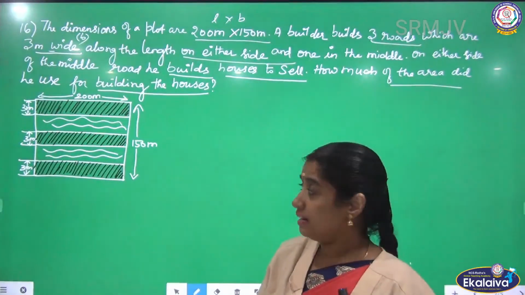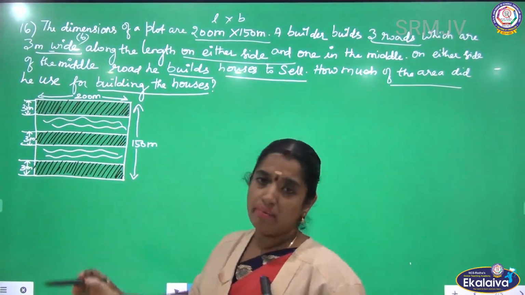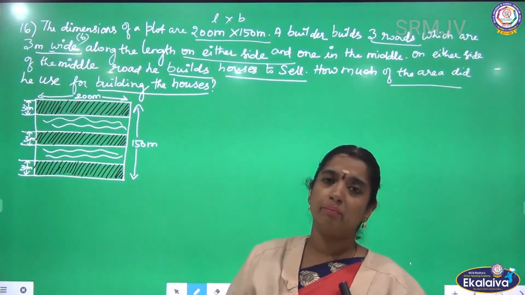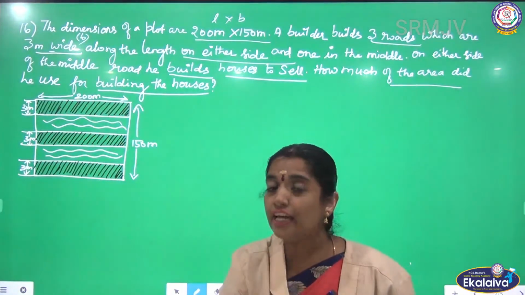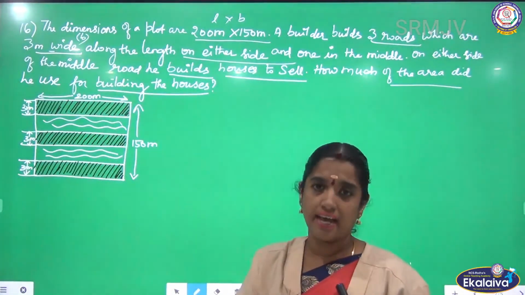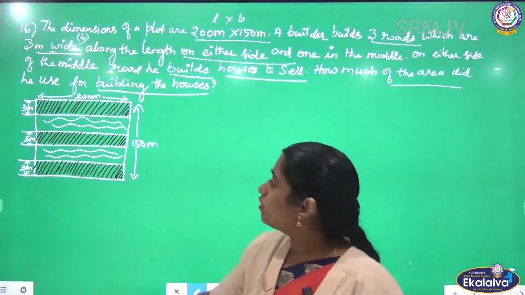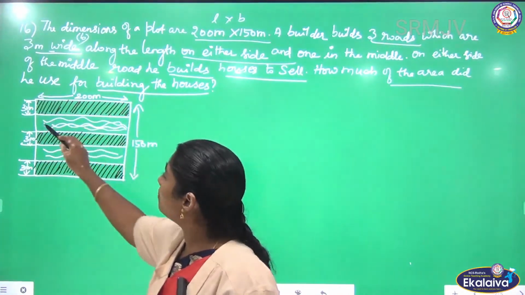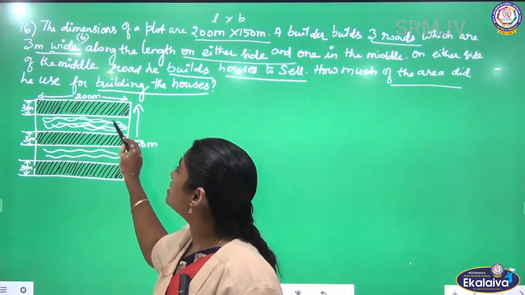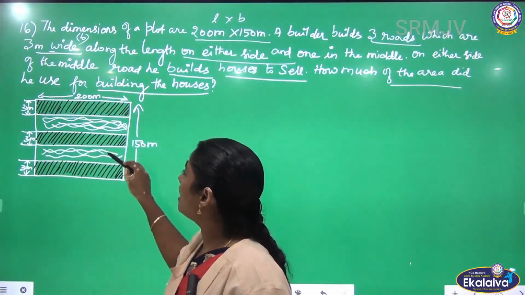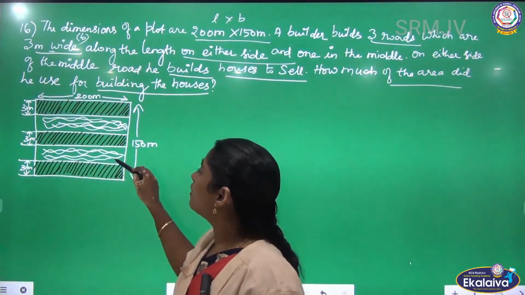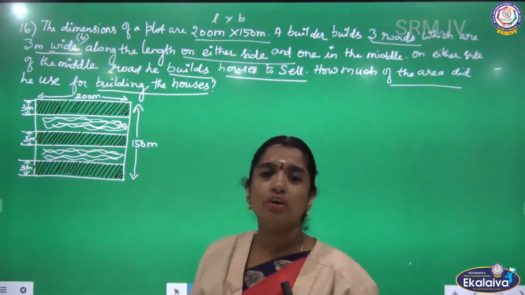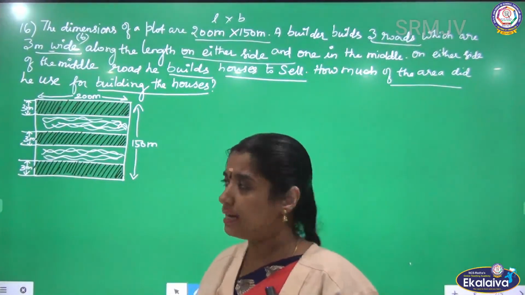Here the rectangle dimensions, the length and the breadth, are given, as well as the 3 roads. I am going to find the area of all the places where the houses are going to be constructed. Can you clear this, children? Shall I move on to the sum?